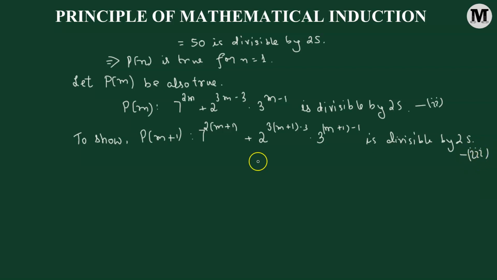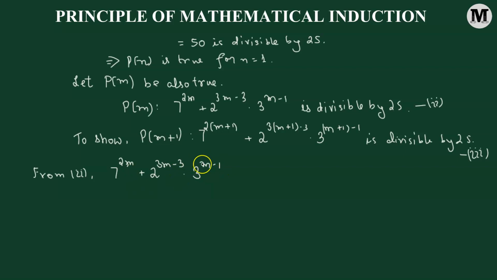Now, in order to verify number 3, we're going to take the help of statement number 2. From 2, as we have already mentioned, P of m is a true statement. So we can take the expression 7 raised to the power of 2m added to 2 raised to the power of 3m minus 3 multiplied by 3 raised to the power of m minus 1.